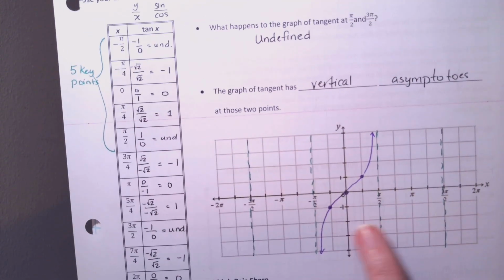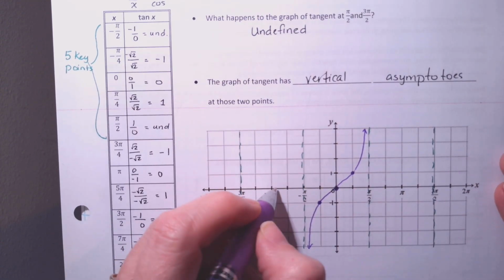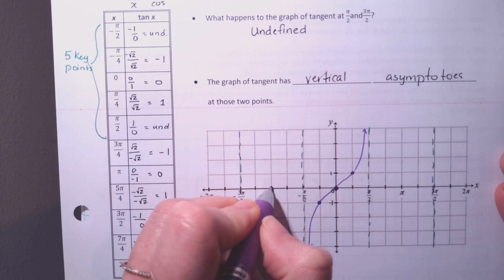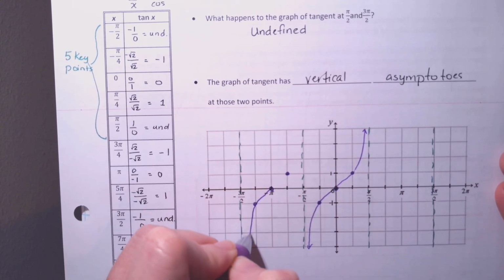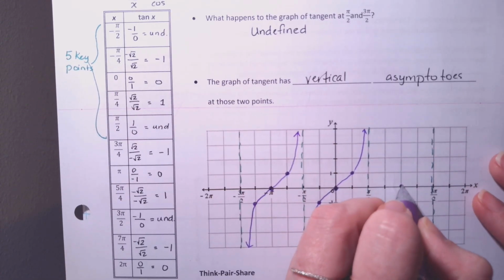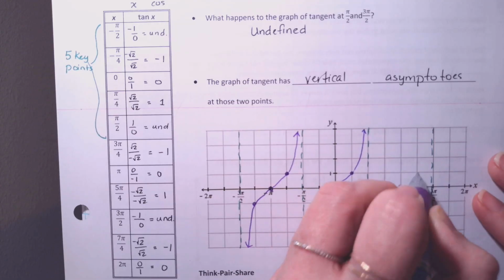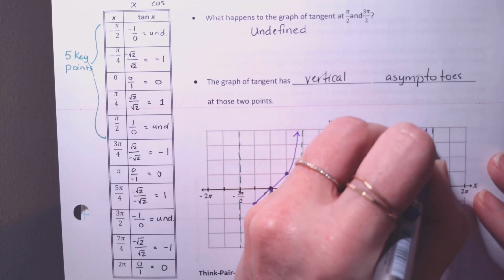And this same pattern of where the points are also repeats. So if you did another cycle on this side, it would have a point at negative pi, 0, here, here, and you could use those points to graph another cycle of it. Same thing here. Or have another cycle of it.